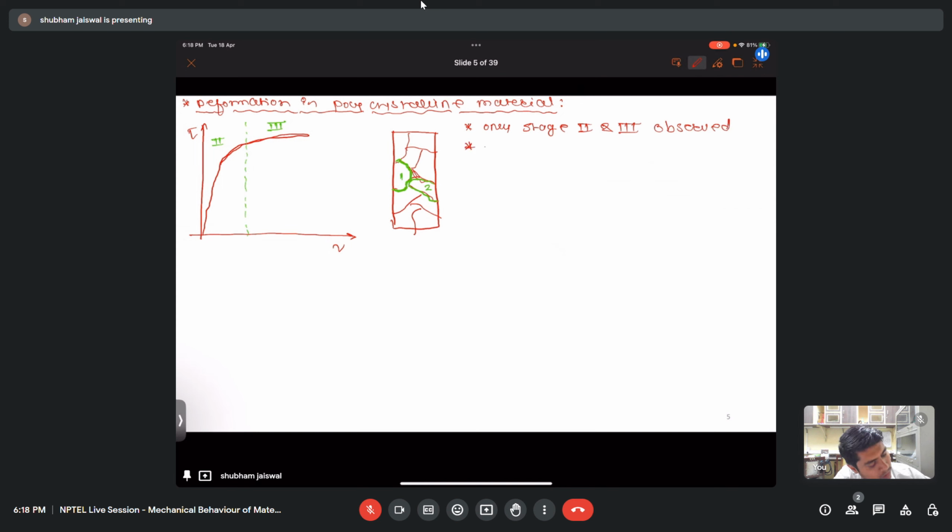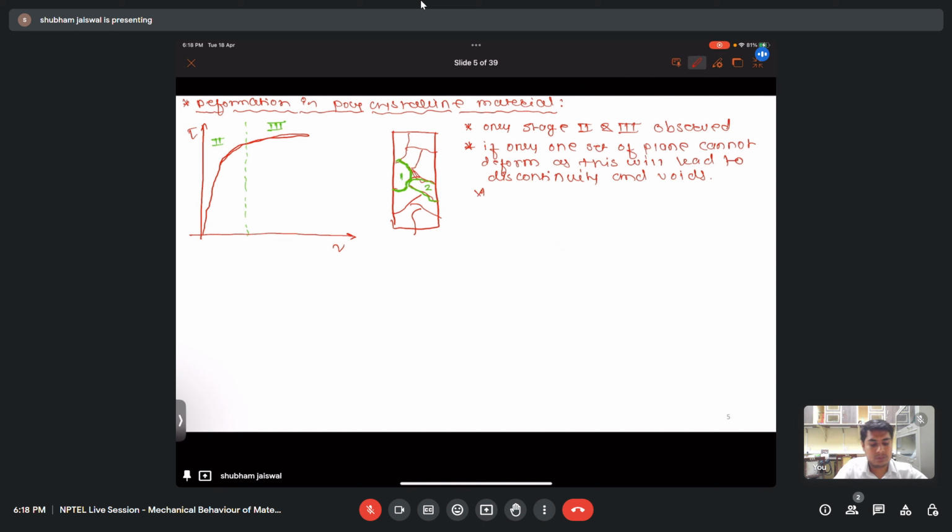And again, if only one set of planes cannot deform, this will lead to discontinuity and voids.